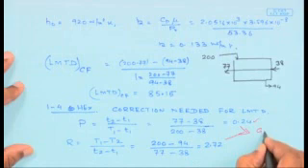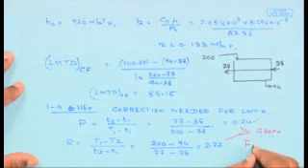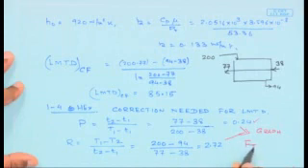Once you use these two and use the graph, you would see that the correction factor for the temperature would be equal to 0.85.